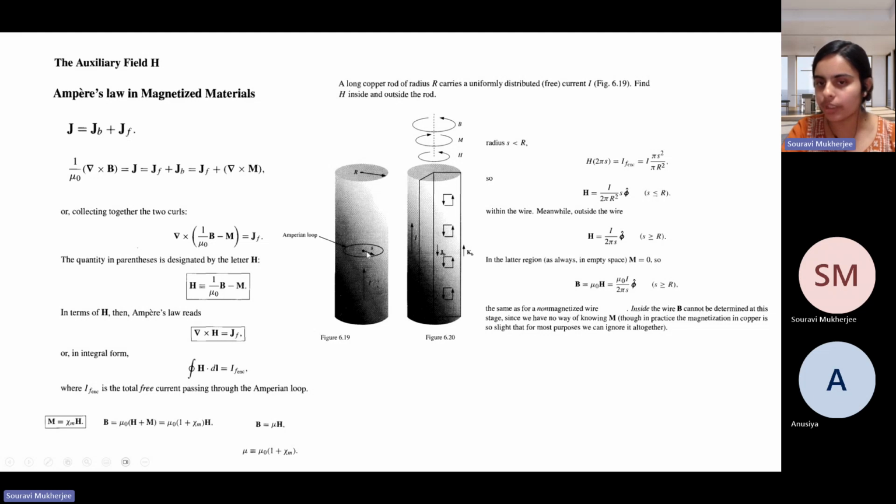If you knew M, and you know H, then you can find B. So inside magnetized objects, you need to know both M and H in order to find B. Outside, if you know H, you can use this relation to directly find B because there M is 0.